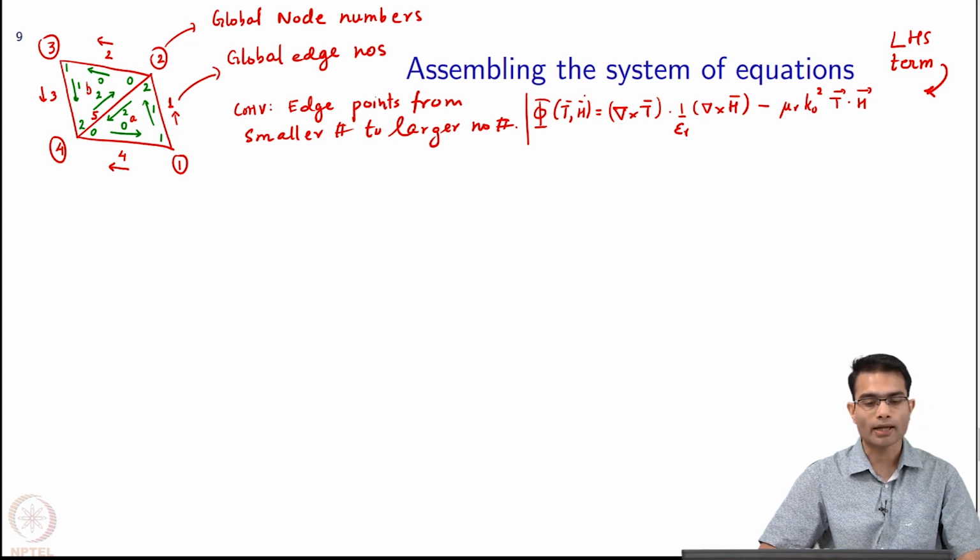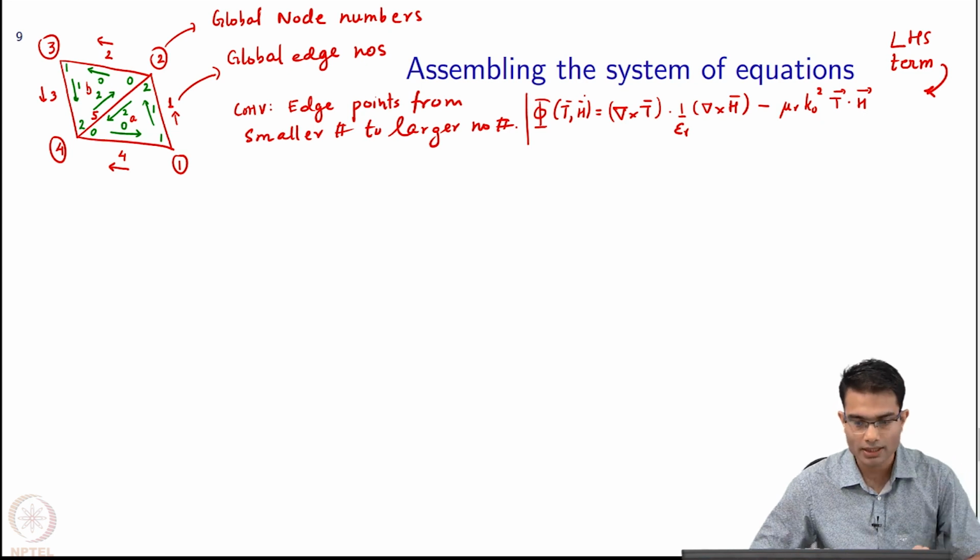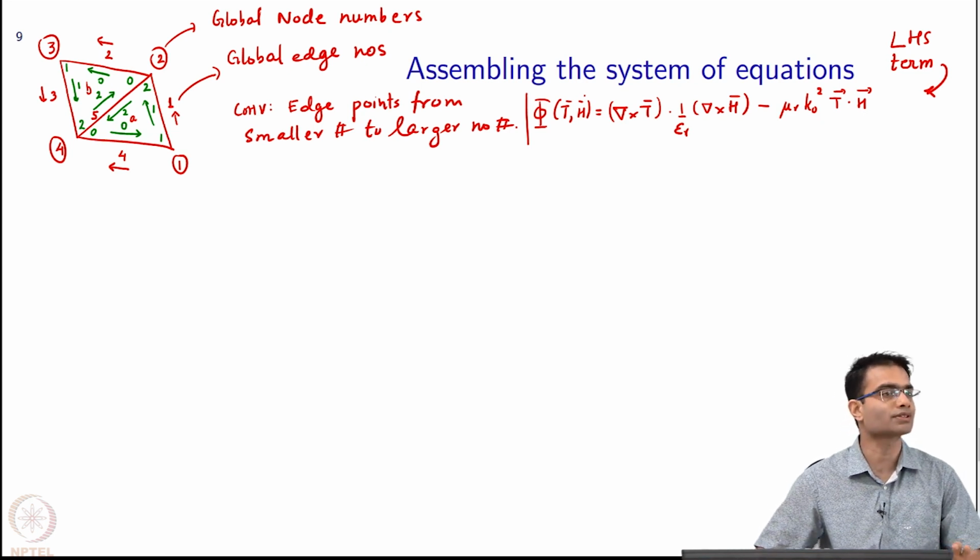And I could take the testing function to be each one of the edges, the shape function corresponding to each edge, and get 5 equations in 5 variables, right? So, that is going to be the general procedure. So, let us try to derive the system of equations I get if I do testing using edge number 5.